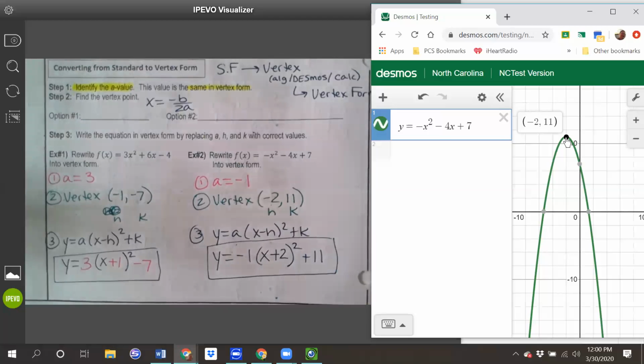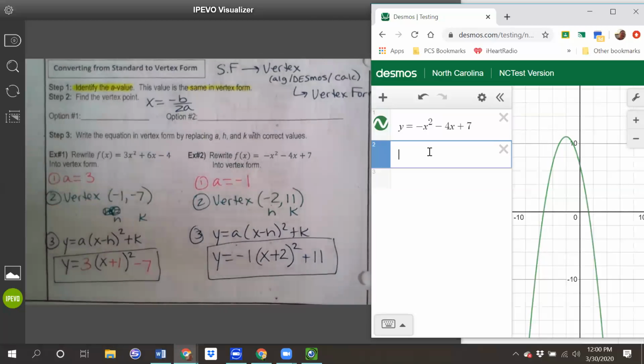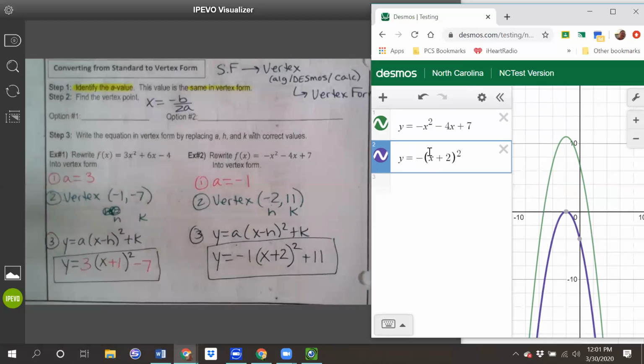So that is my equation written in vertex form. And of course, I'm just going to take 15 seconds to check myself. So y equals -1 times x plus 2, square it, plus 11. And check it out. They are, in fact, the exact same graph.